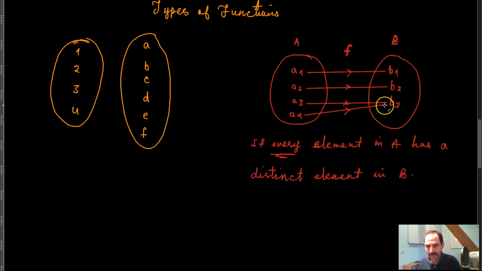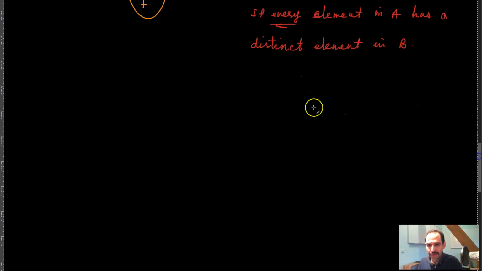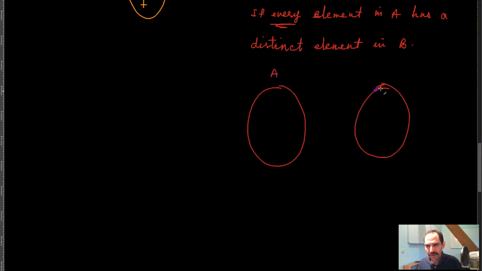That's a function. On the other hand, you could have this type of situation where this is A and this is B, and you have, for example, A1, A2, and A3, and you have B1, B2, and B3, and then this element has been mapped to this element, and this element has been mapped to the same element, and this element has been mapped to this element.